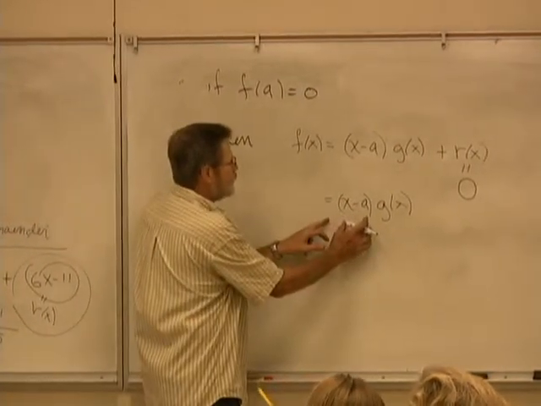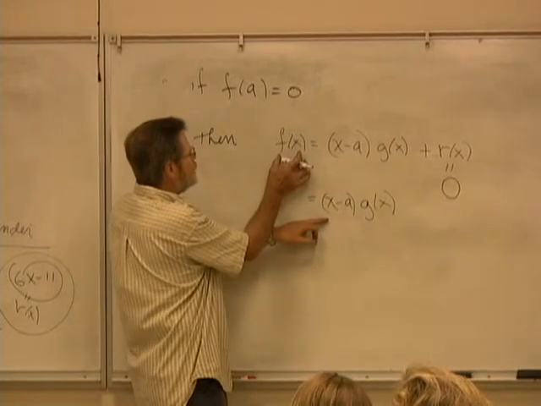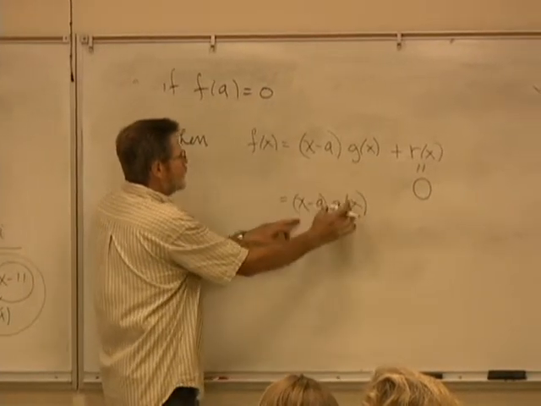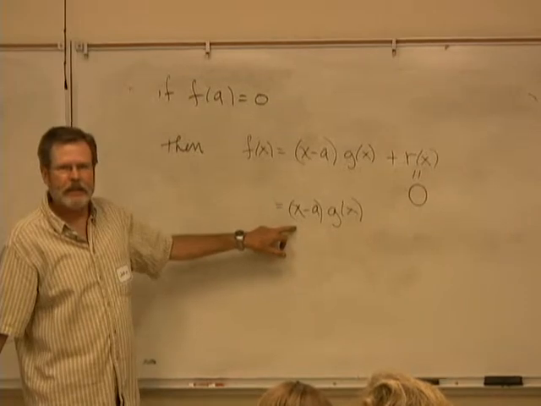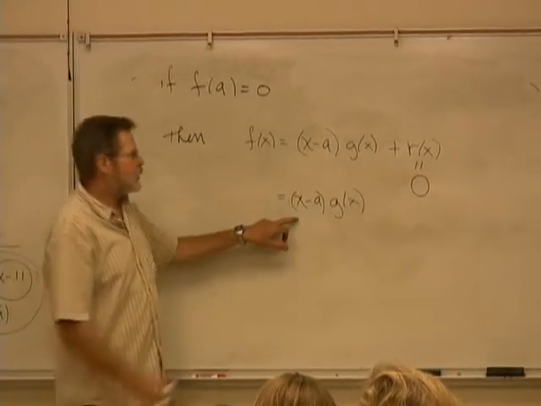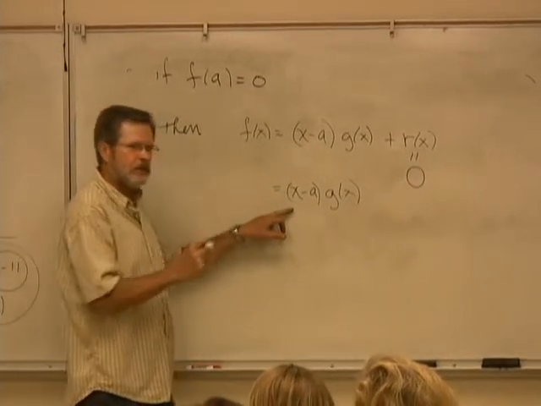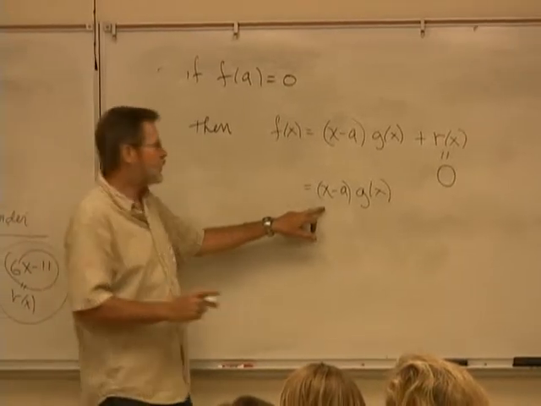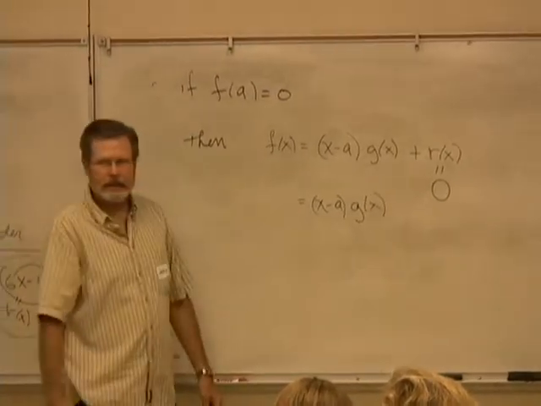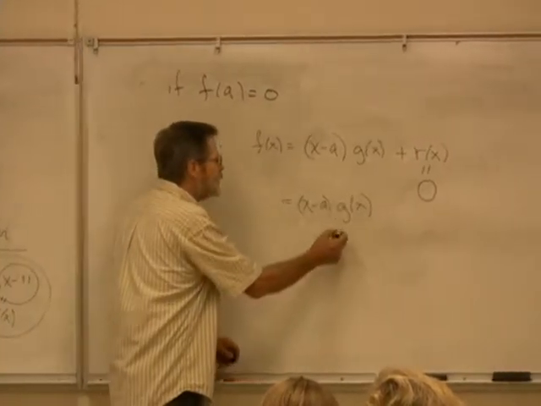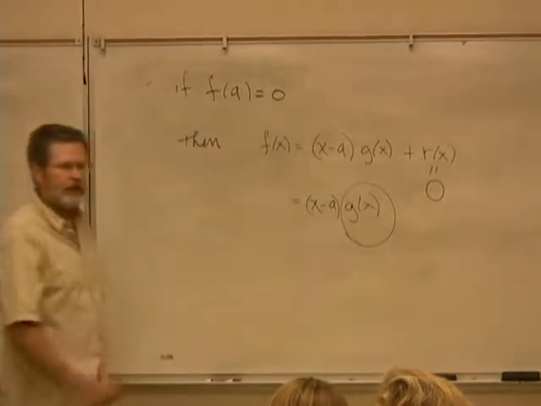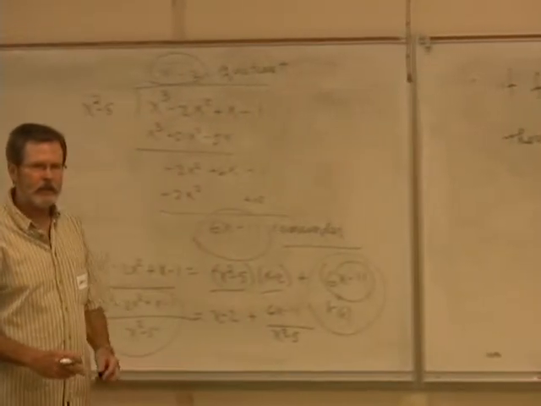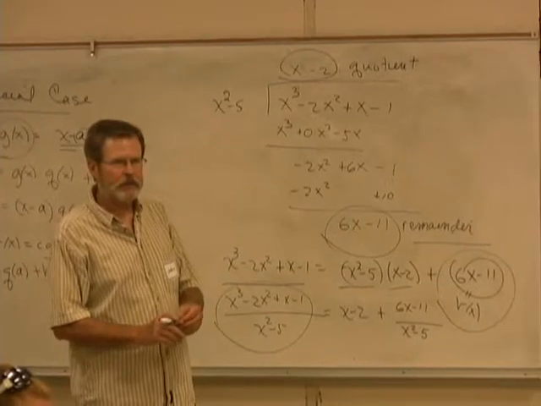This is a polynomial of degree 1. This is a polynomial of degree 3. So this is a polynomial of degree 2. So if I can find one root of a polynomial of degree 3, it factors like this. And then I can use the quadratic equation, if necessary, to find other roots of that polynomial of degree 3.